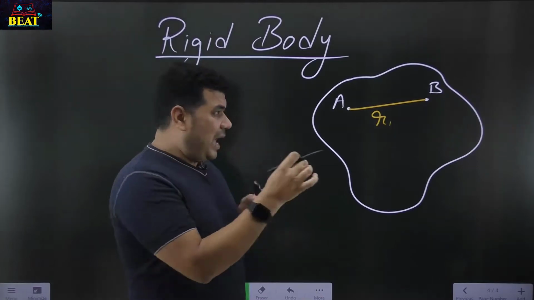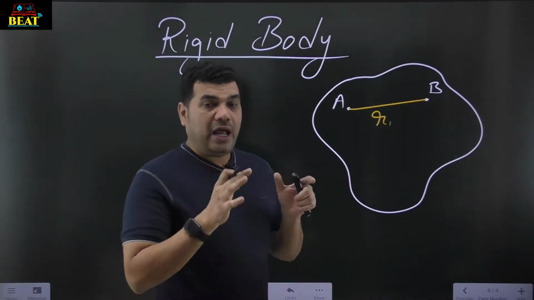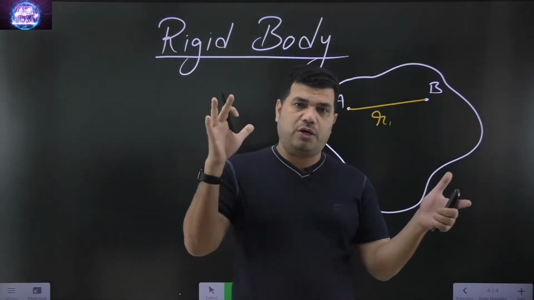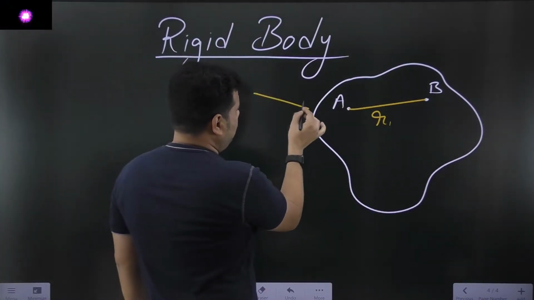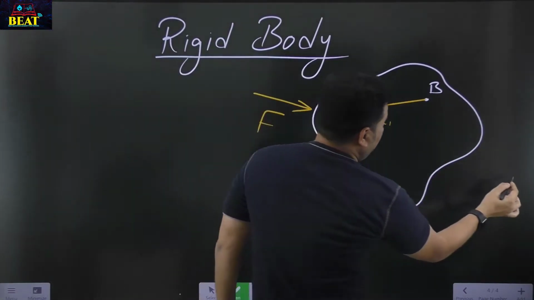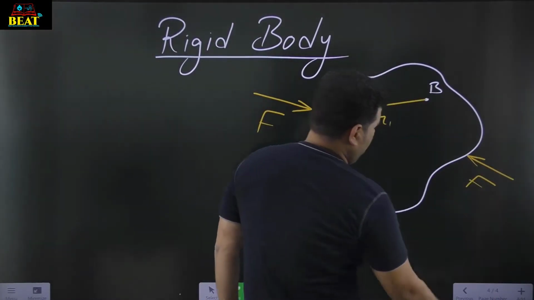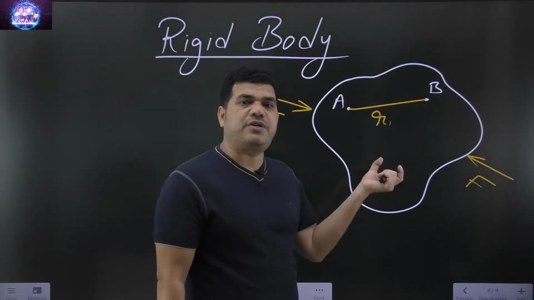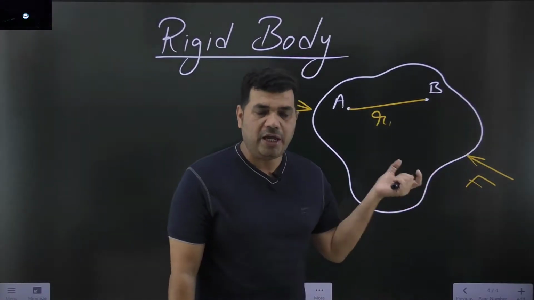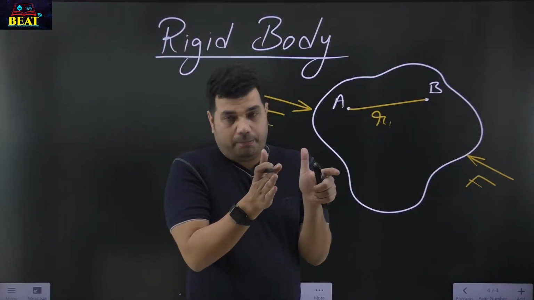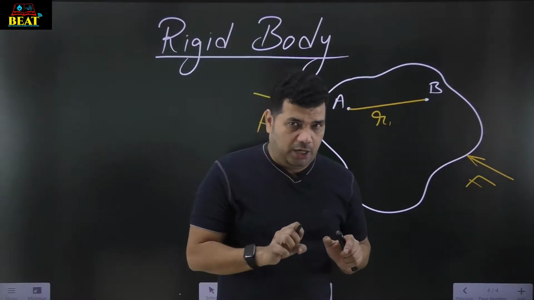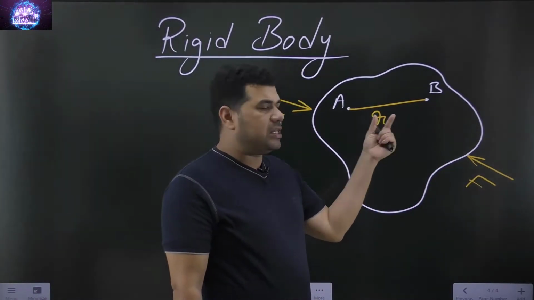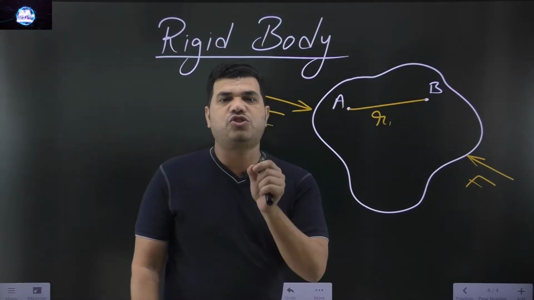If we apply some deforming forces on it, suppose you apply some force F here, and again some force F here, a softer body will deform. If it is not a rigid body, like a sponge ball, it will deform, and the relative distance between the points A and B will change.